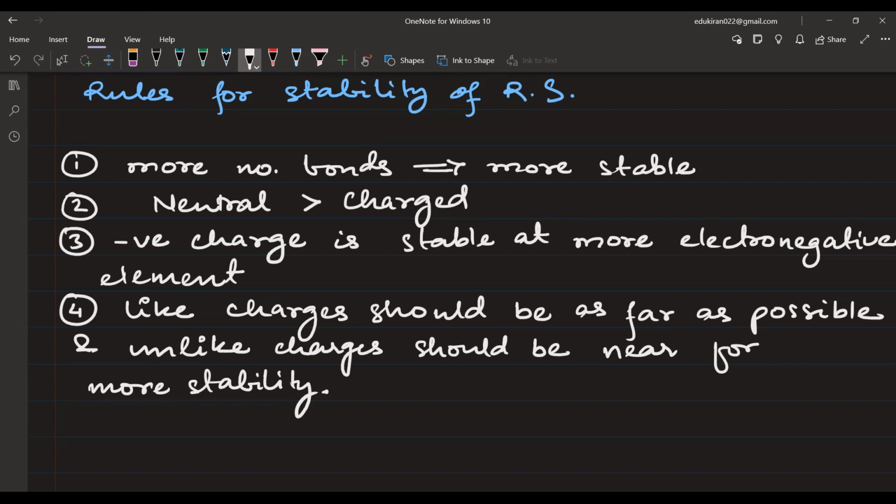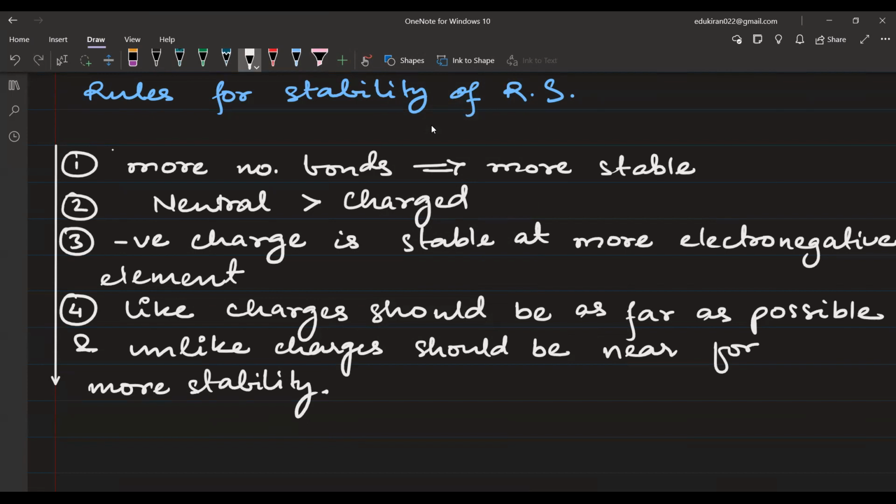Okay, and you are going to check the stability in this order. First see who has the most bonds. If the number of bonds is different, the one with more bonds is more stable. If the number of bonds is equal, then see if it is neutral or charged. If both are neutral or both are charged, you cannot decide at that step.